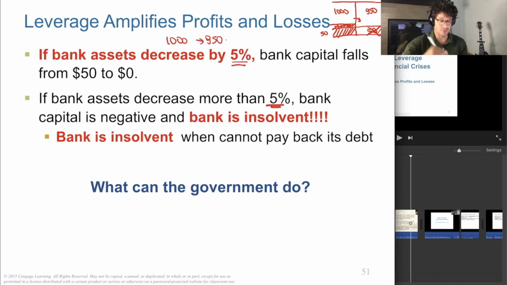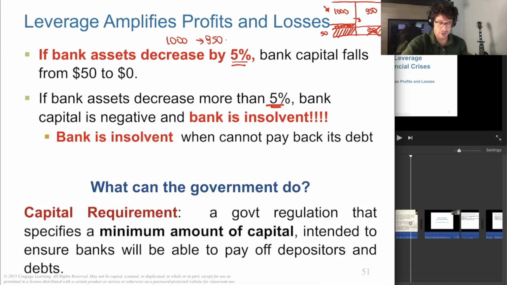So what can the government do? Well, the government can prevent the bank from taking too much risk, one. So it can require that the bank invests in assets that are safe. But also, and what we are going to see now, it can require that the bank has a capital requirement, which means an equity requirement. What does it mean?